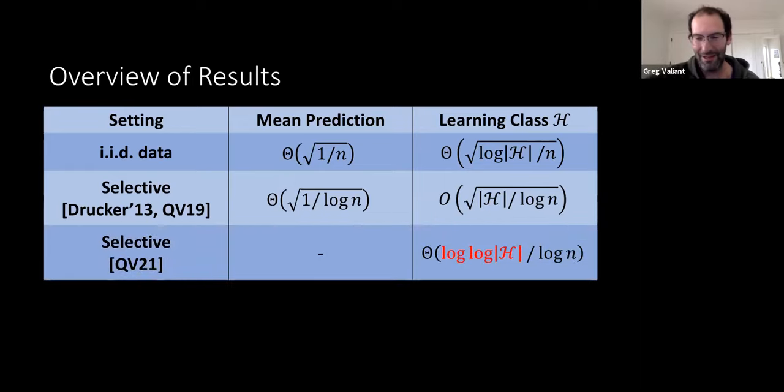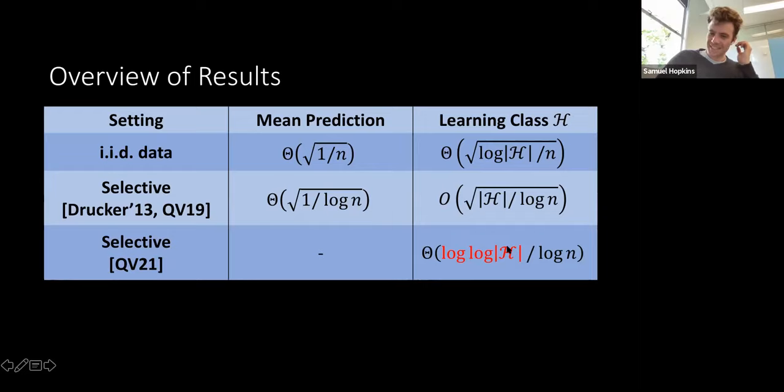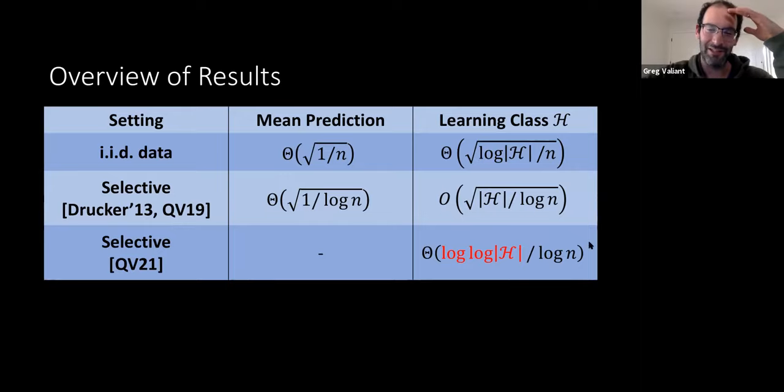Yeah. So the right answer is actually log size of your hypothesis class over log n. From this Ramsey theoretic point of view, I was very surprised by this. It means that if the adversary is trying to fill up this matrix of rows, there's nothing too tricky that it can do.